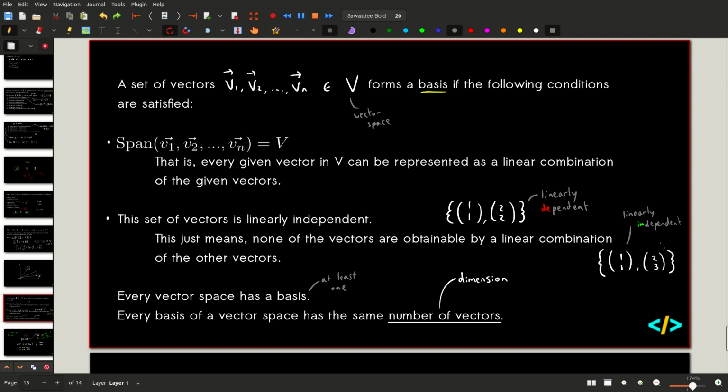And so, because this forms a basis, we can say the dimension of this vector space V is 2, because there's 2 vectors here. So, dimension equals 2. And so this is a 2-dimensional vector space. If we had four different vectors in our basis, it would be a 4-dimensional vector space.